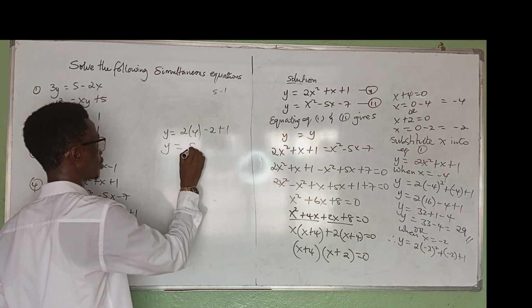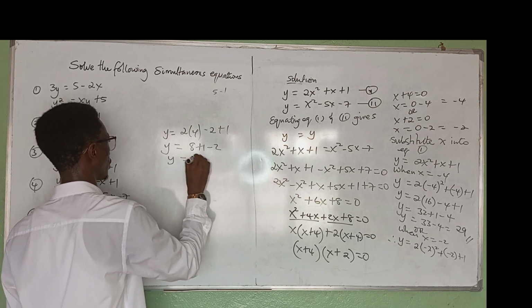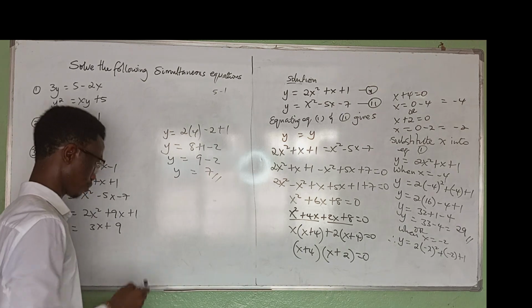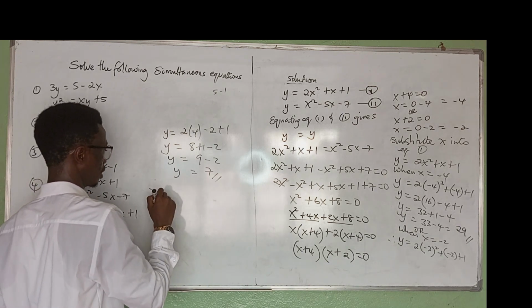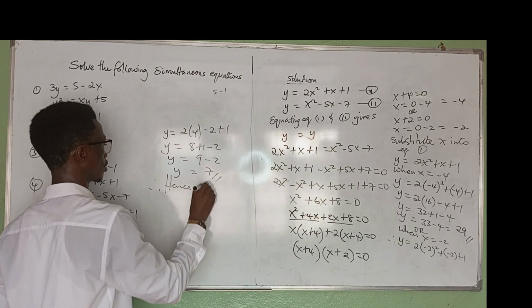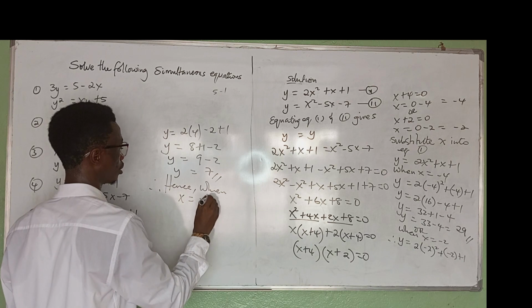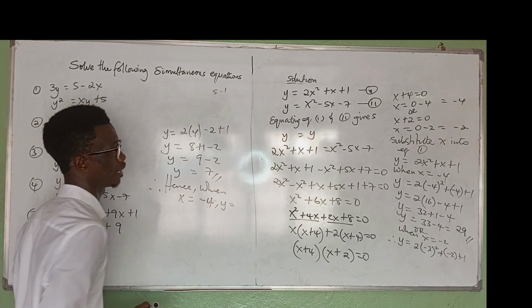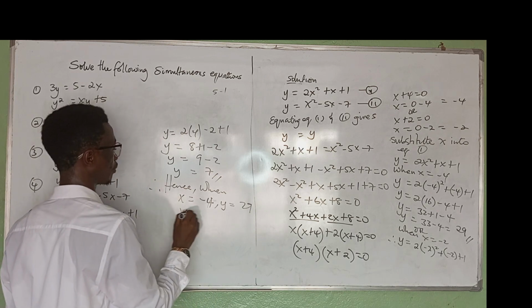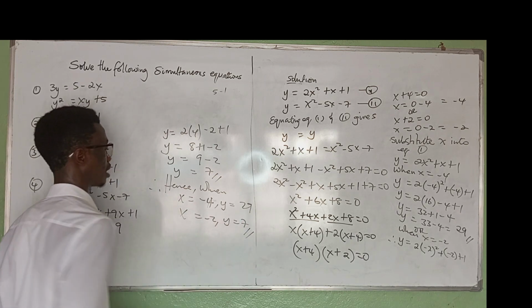This is 8 plus 1 minus 2, so y equals 9 minus 2, which is 7. Therefore, when x is minus 4, y is 29, and when x is minus 2, y is 7.